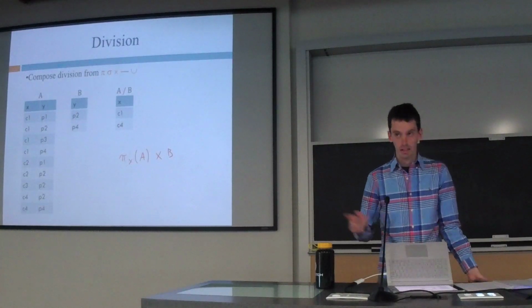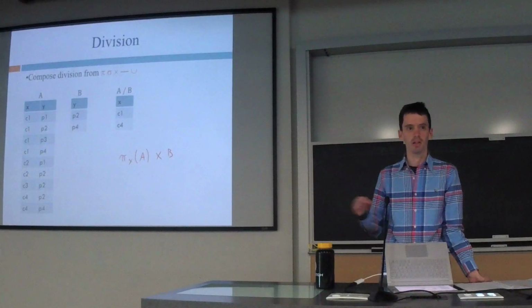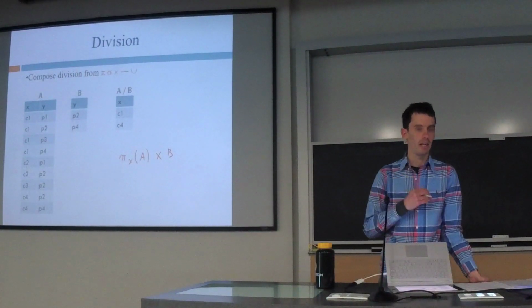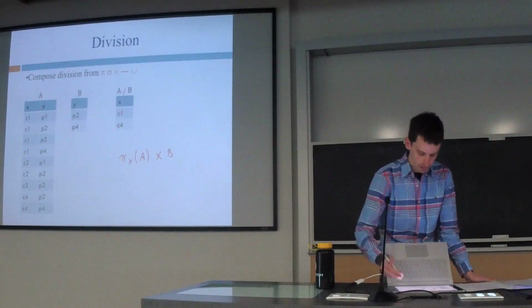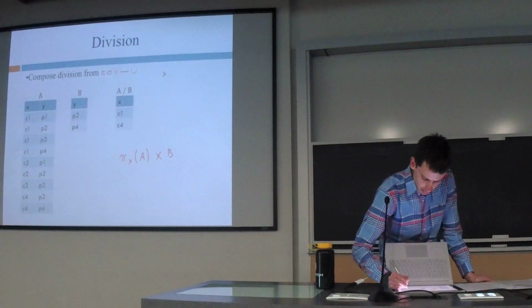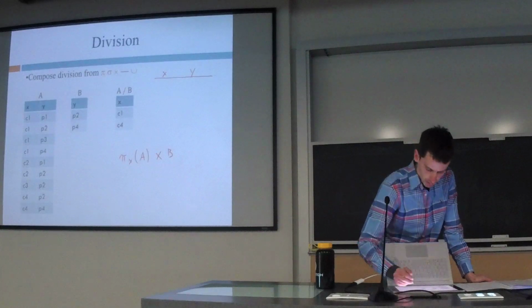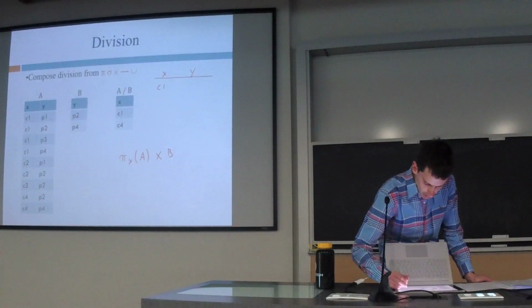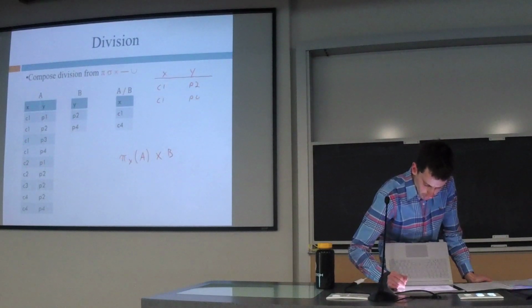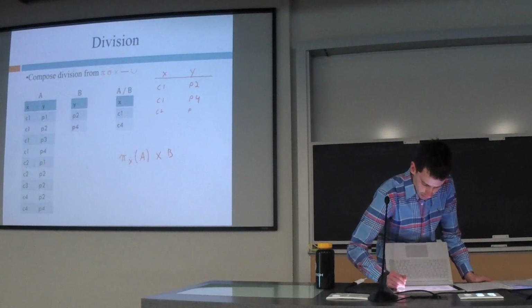Now I'm going to actually draw this relation, this full cross product, because we're going to start removing things from it and eliminating it down to see how this works. So here is x, y. I'm just going to draw a table. So this cross product, we have C1, P2, C1, P4, C2, P2, C2, P4.